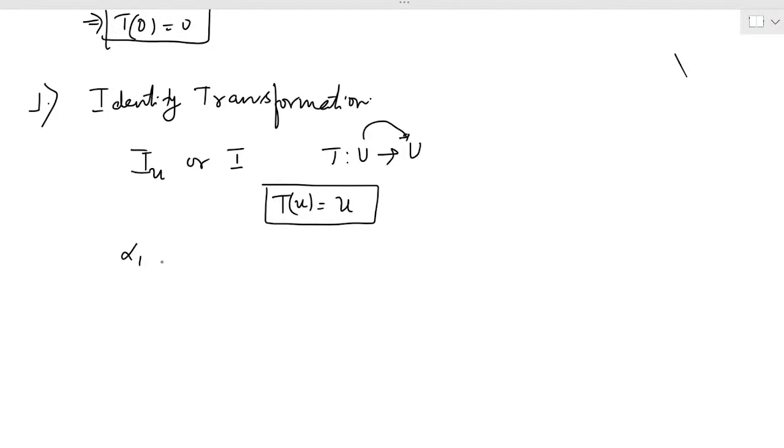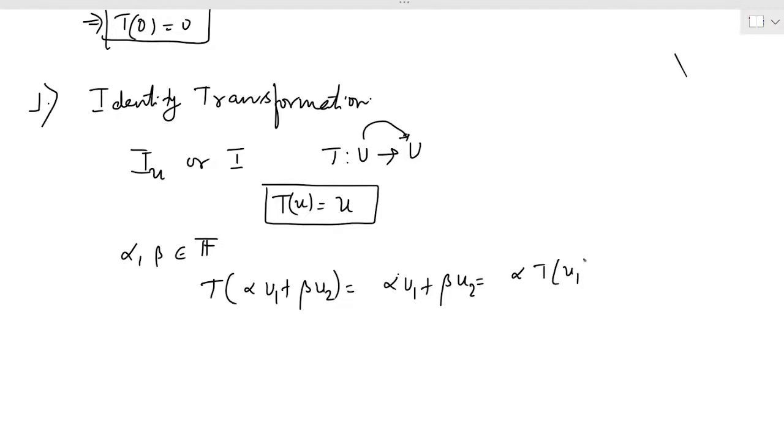Now, let us say that alpha and beta belong to field F over which this U is a vector space. Then T times alpha u1 plus beta u2 is equal to alpha u1 plus beta u2, I'll take u1 u2 so that things are more generalized, and this is equal to alpha times Tu1 plus beta times Tu2.